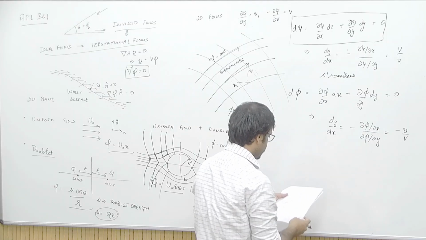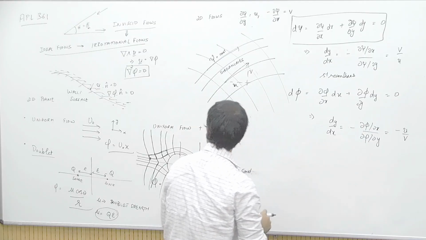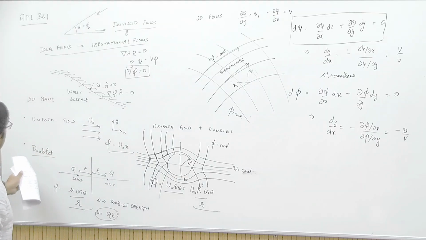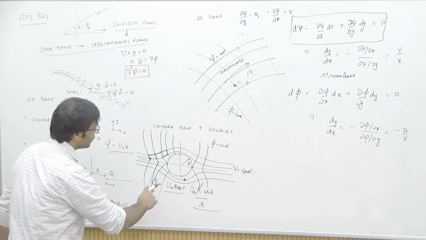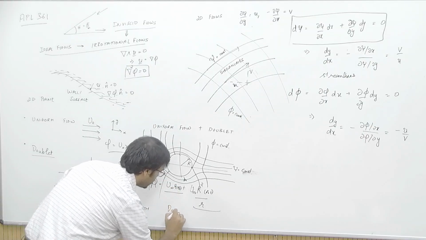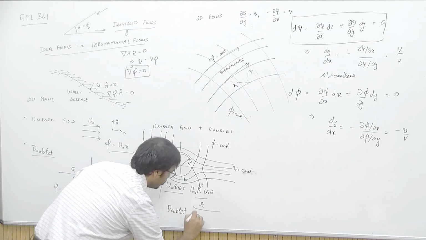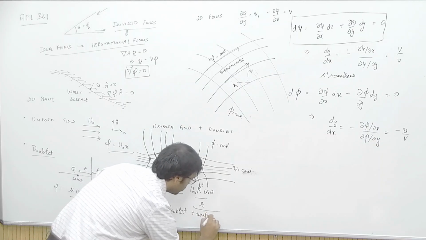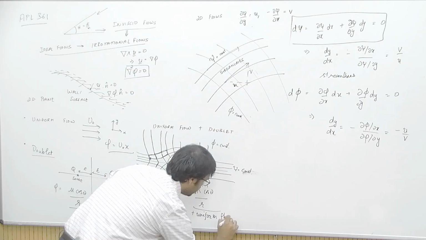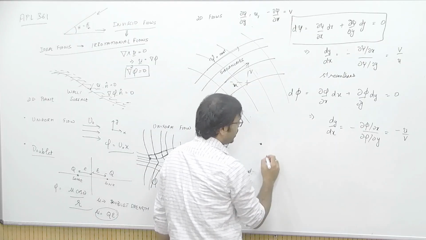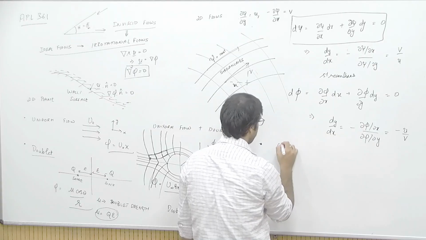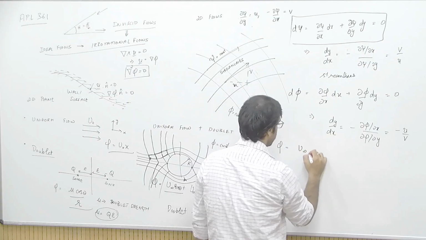After this, you had the doublet. So, you have flow past a cylinder, which is doublet plus uniform flow. Then you can also have a doublet plus a uniform flow plus an ideal vortex.